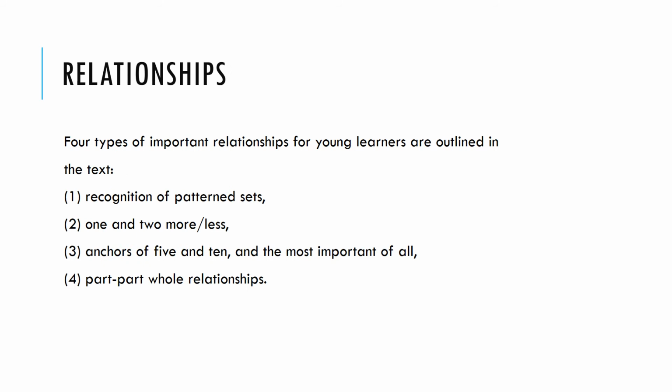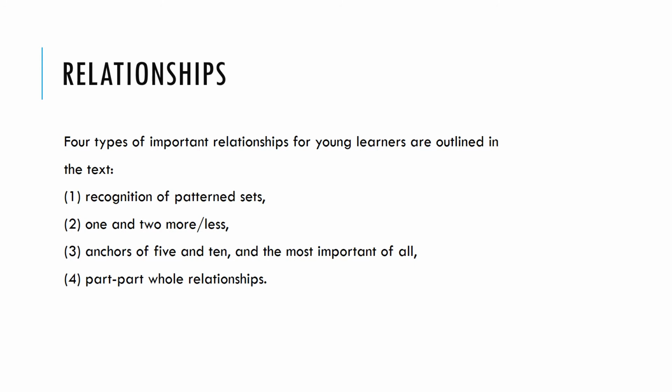So here are some important relationships for our children to know. Recognition of pattern sets. I'm going to show you some pictures of those. One and two more or less of a number. So you have the number 5, what's 1 more, 6, or 2 more, 7, or even less.